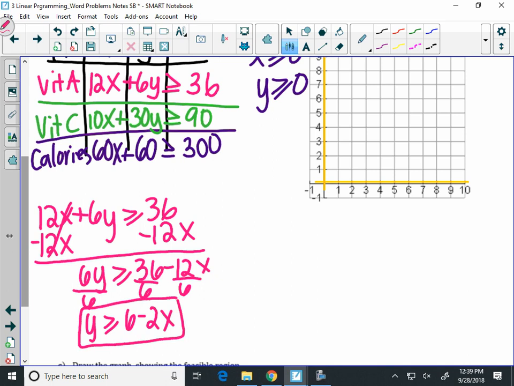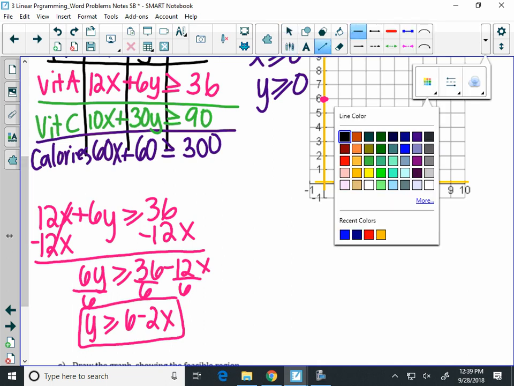So please make sure that you're getting the right equations here as you graph.